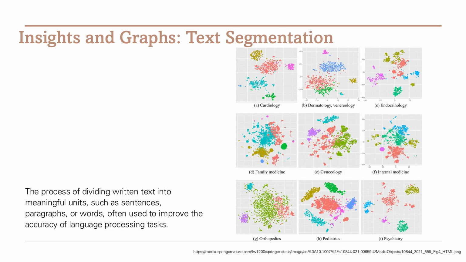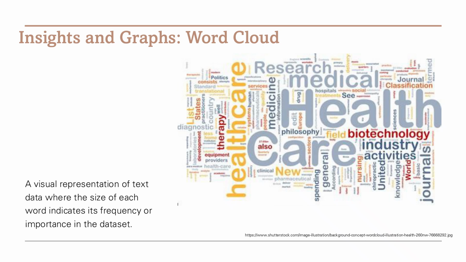And here text segmentation is applied. For example, here is a point for cardiology, here for dermatology, here for endocrinology, and so on, again to group sentences into similar groups. The last thing is the word cloud, which gets the most repeated words in a suitable graph, so people can know the most repeated words in each review.